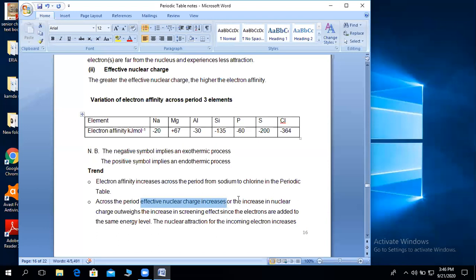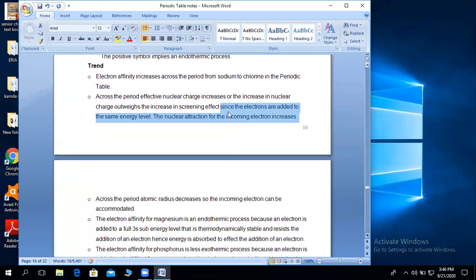But the increase in nuclear charge outweighs the increase in screening effect. Since, you must mention this, since the electrons are added to the same energy level, the nuclear attraction for the incoming electrons increases.